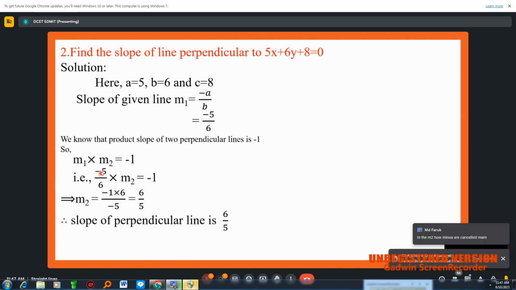If I take this to this side, it becomes upside down, that is, we write its reciprocal, right? That is nothing but minus 1 into 6 by minus 5. So if you multiply 6 into minus 1, that is minus 6 divided by minus 5. Cancelling the negative sign, you will get 6 by 5.